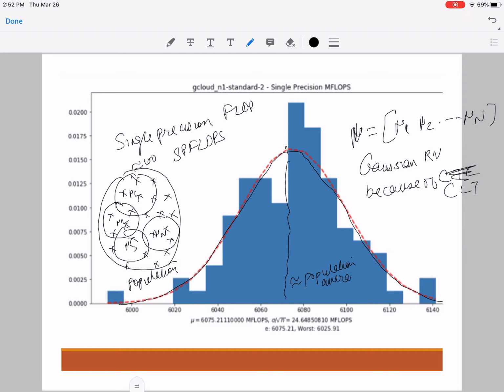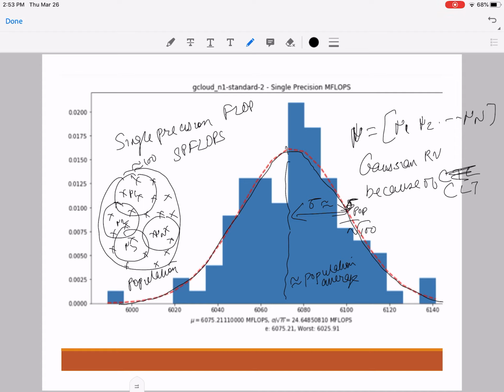And the standard deviation sigma of this Gaussian distribution is approximately equal to sigma of the population divided by square root of 100, because we are considering samples of size 100. So using this Gaussian distribution, we were able to explain the single precision floating point performance phenomenon without having to get its actual distribution, which may be totally different.